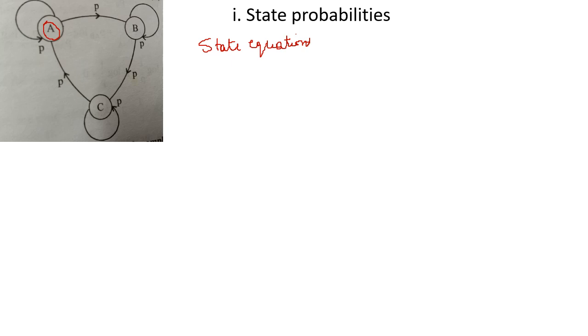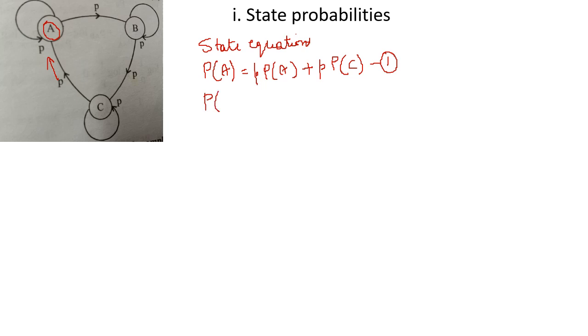So for node A, we can write the state equation as P of A is equal to P times P of A plus the transition entering from node C, which is P into P of C. So this is equation number 1.